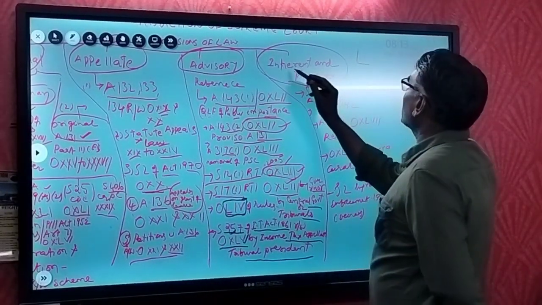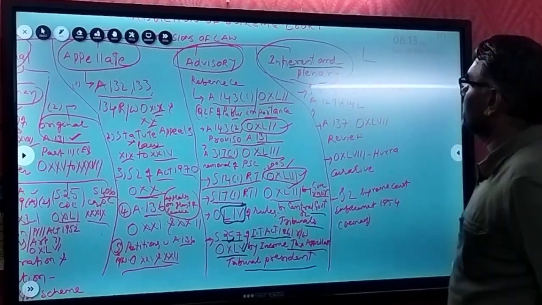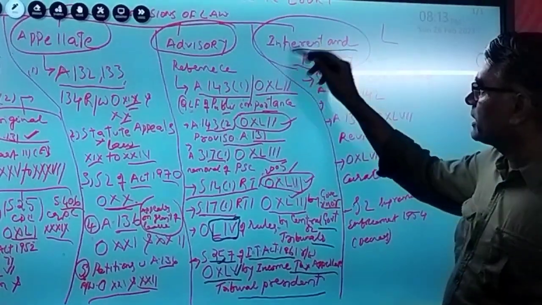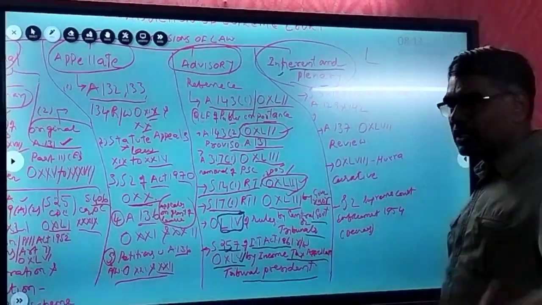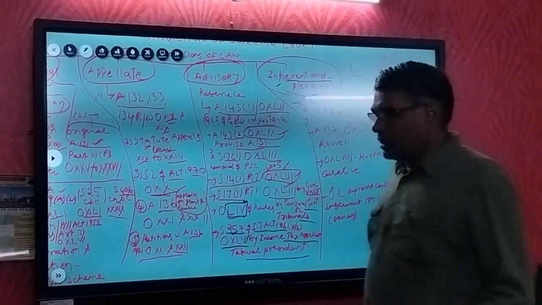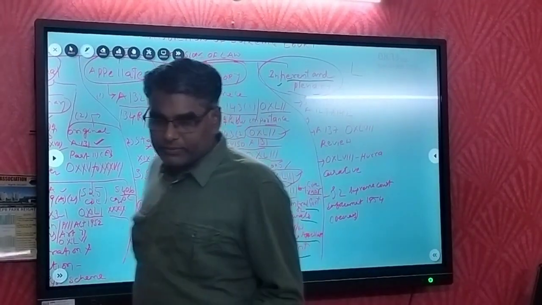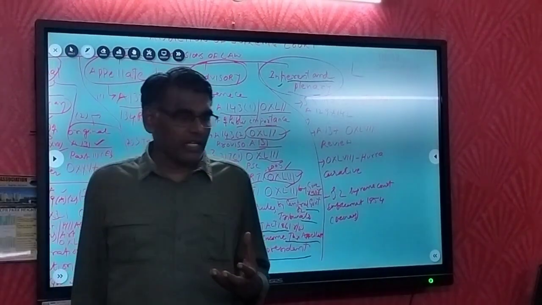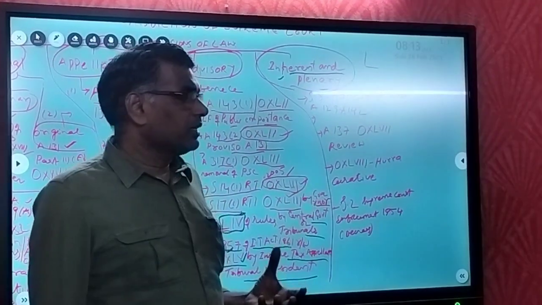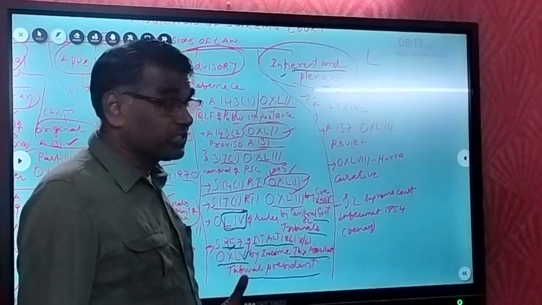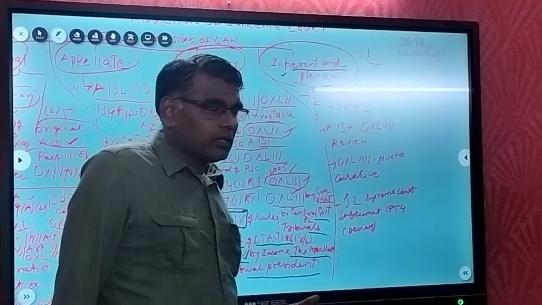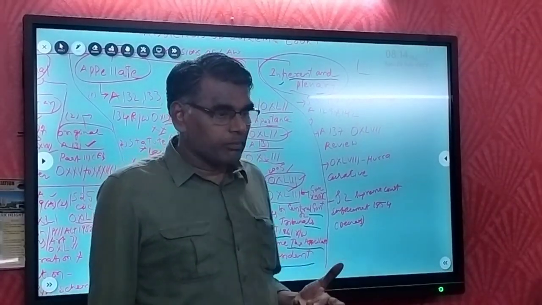Next, inherent and plenary jurisdiction. What is inherent? Inbuilt. If there is any jurisdiction that is inherently there, it is called inherent jurisdiction. The Supreme Court has plenary jurisdiction.